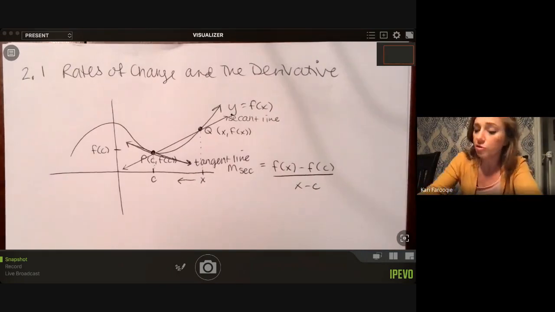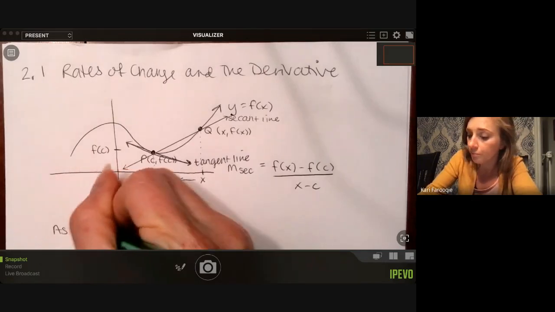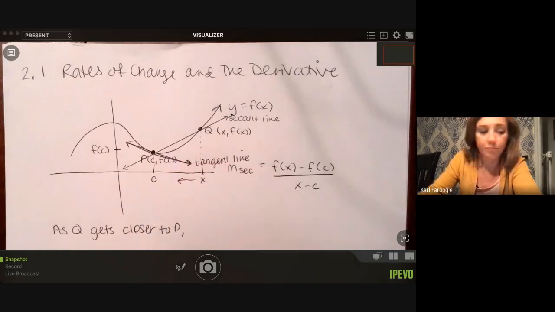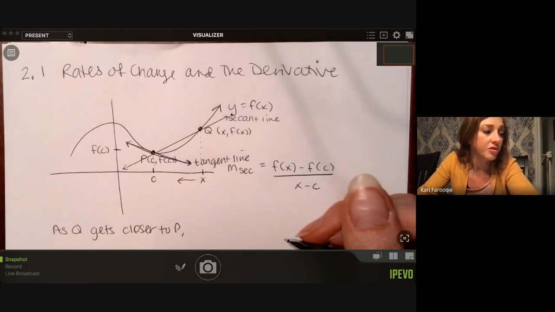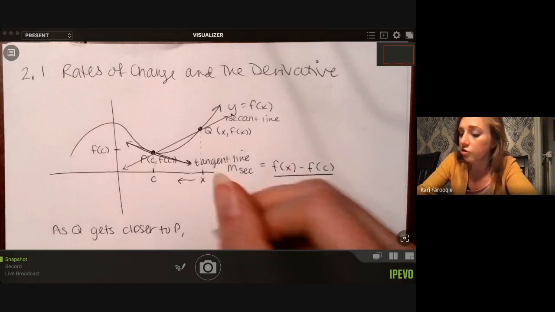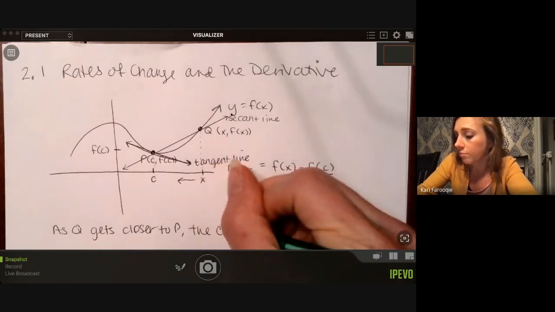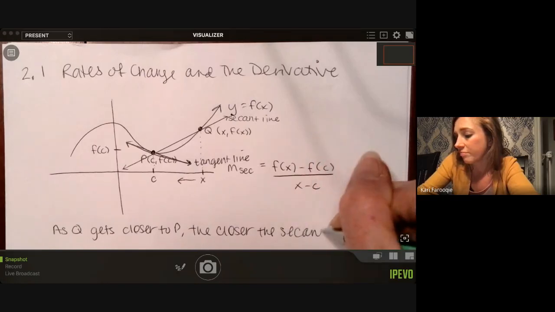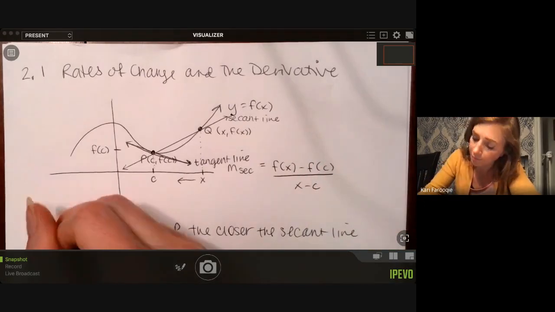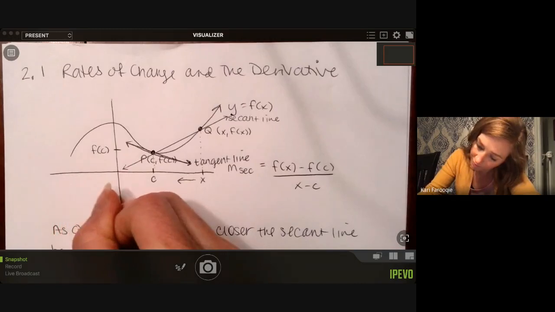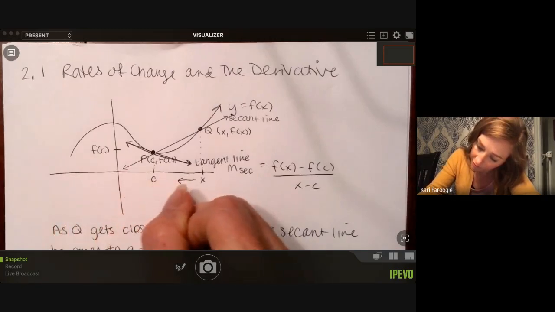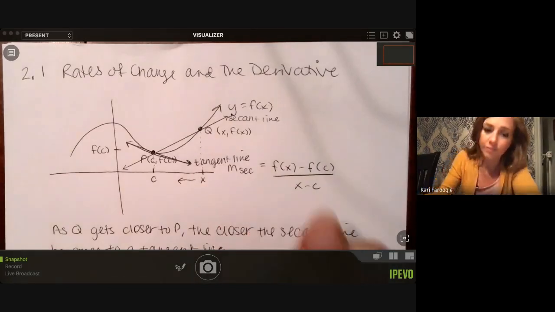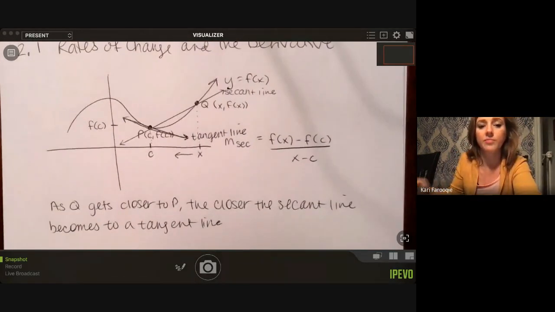As Q gets closer to P, the closer the secant line gets to becoming a tangent line.